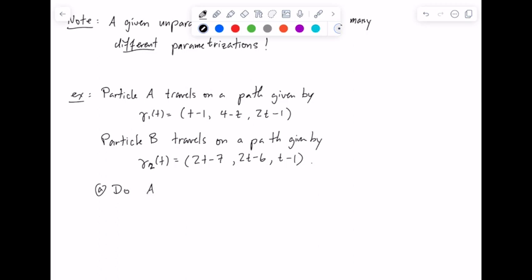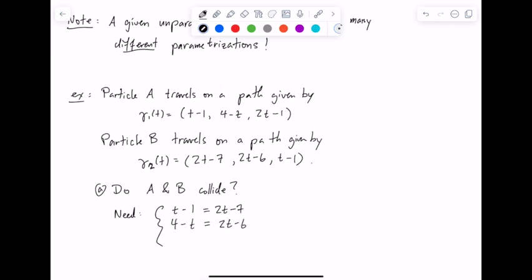So what does it mean for these two particles to collide? Well, they must be at the same point in x, y, z, and they must be at that point at the same time t. So what we need is a solution t to the system where the x coordinates are equal, so t minus 1 must be equal to 2t minus 7.